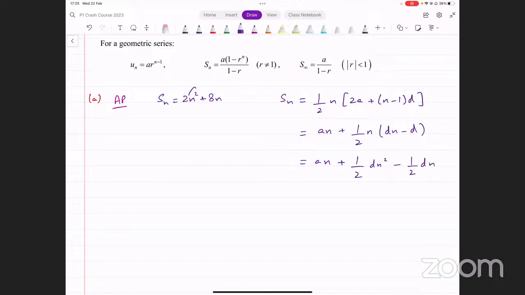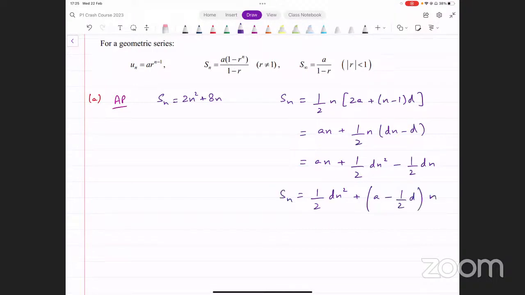Now we need an n square term and an n term. So you can bring the n square terms together. There's only one of them. So that's half dn square. And write the n terms together. There are two of them. What's the coefficient of n? You can take n common, and that leaves you with a minus half d inside.